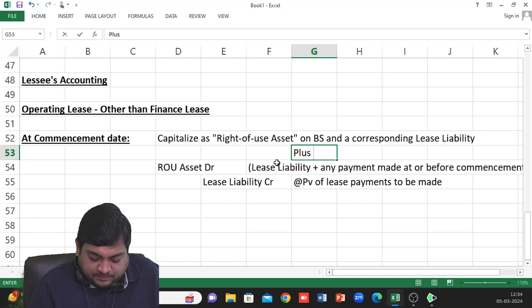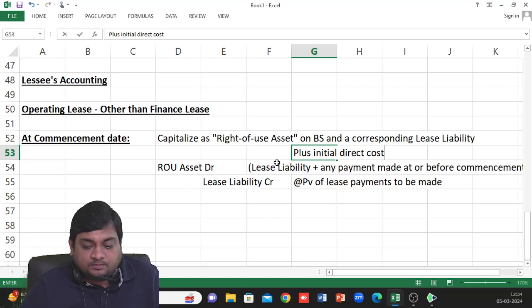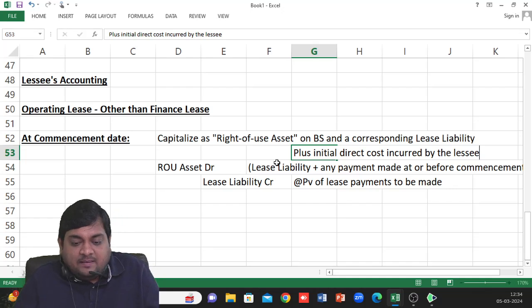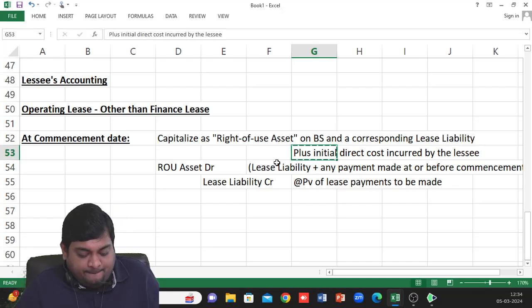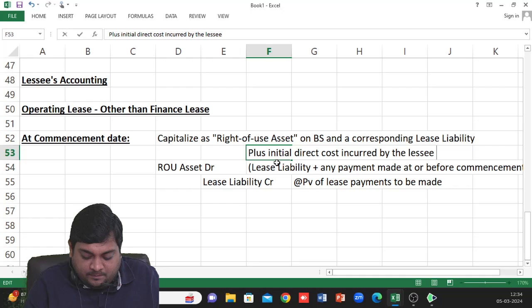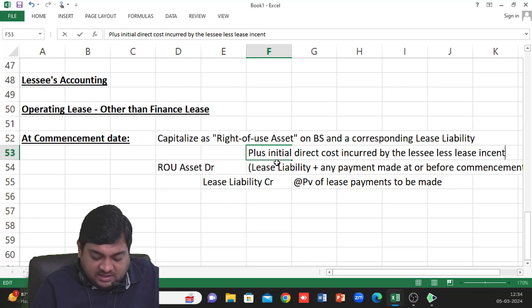Plus initial direct cost incurred by the lessee, less lease incentives.